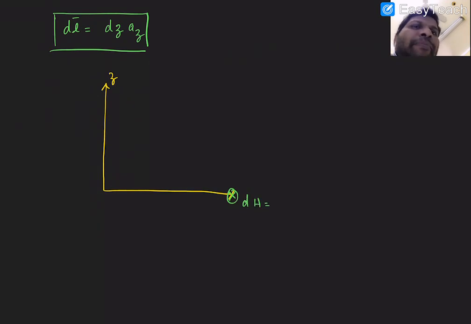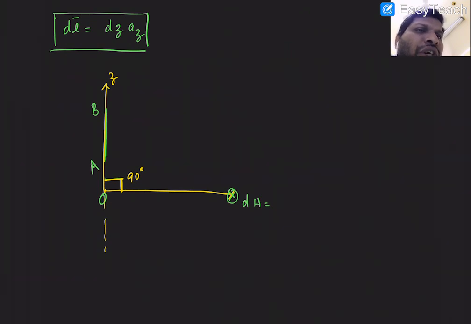Now the current carrying wire is from A to B, okay. Now this is the origin, the current carrying wire is from A to B.